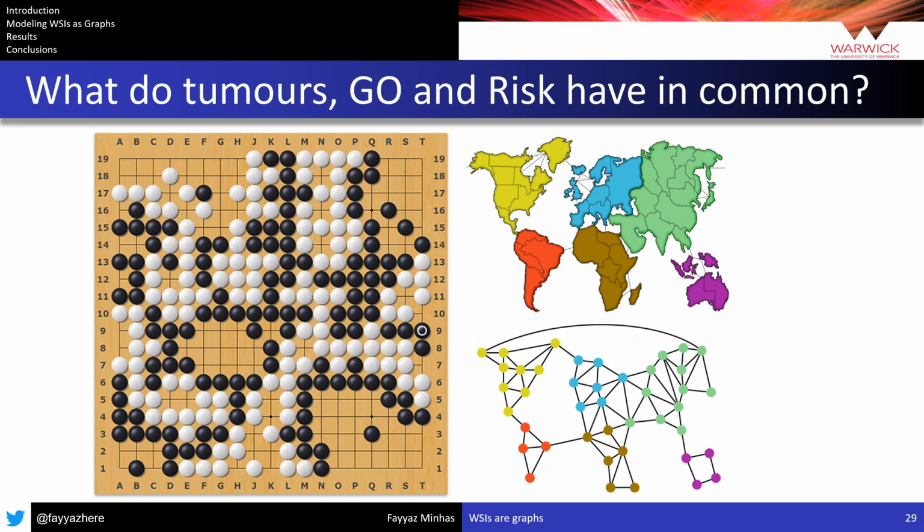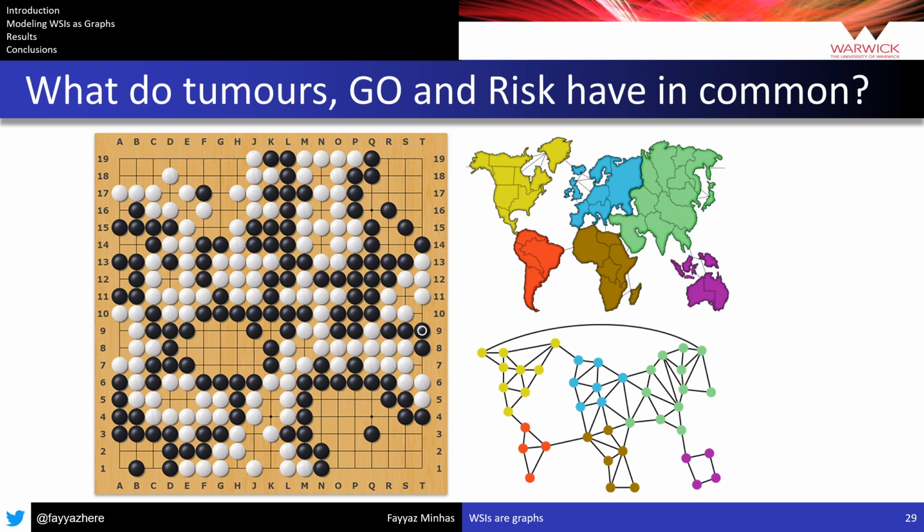Now, Go, the classical game of Go, which had recently been solved by an AI called AlphaGo, and Risk, which is a board game in which your objective is to dominate the board, which represents a world. Both of these have an inherent graph structure, and modeling them as graphs has been very successful.